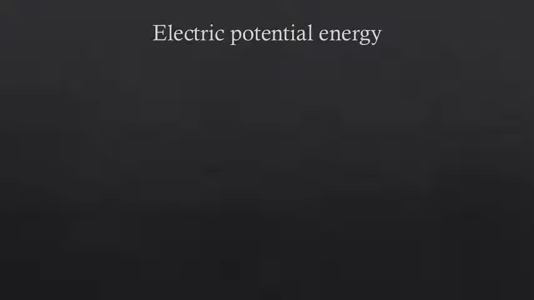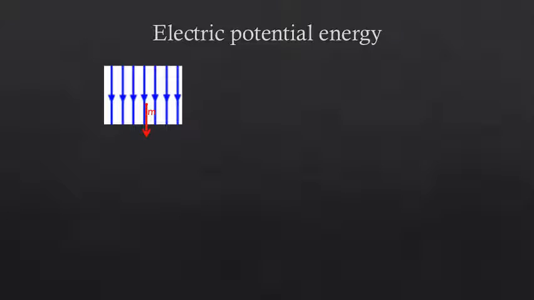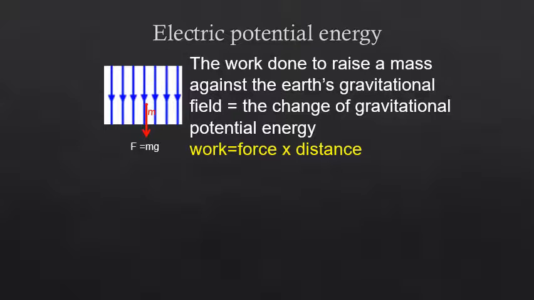Okay, so another concept you have to learn about is electrical potential energy, and I like to use the analogy with gravitational potential energy. So here we have a mass, m, falling in a uniform gravitational field, be it on planet Earth or Mars, and that force is going to be equal to mg, the mass times the acceleration due to gravity. So the work done to raise a mass against the Earth's gravitational field, so we're looking to move that mass, that will require a certain force, and will be a change in the gravitational potential energy.